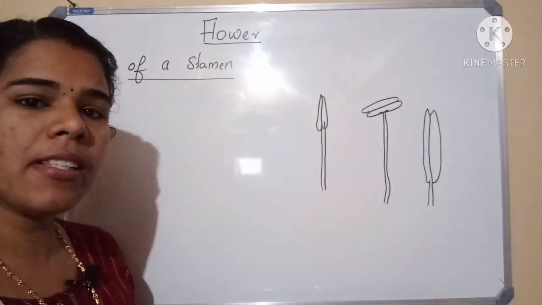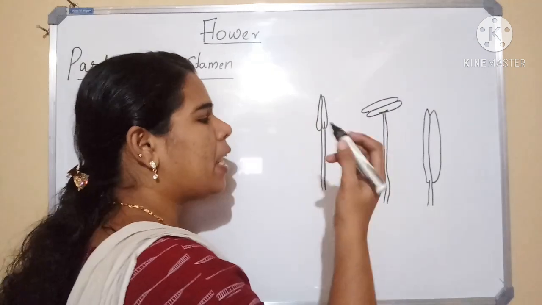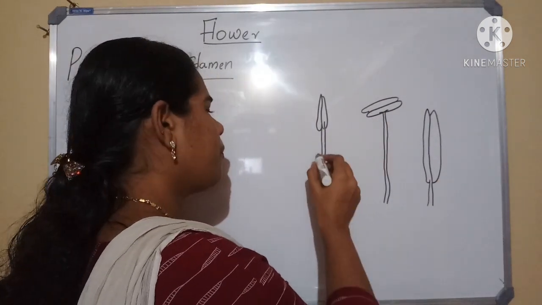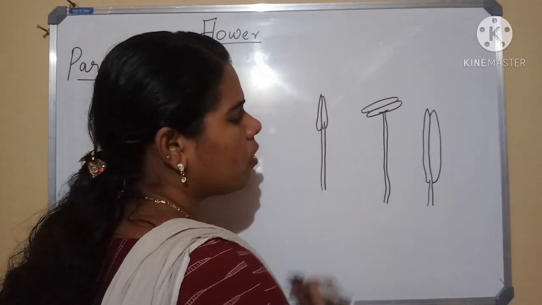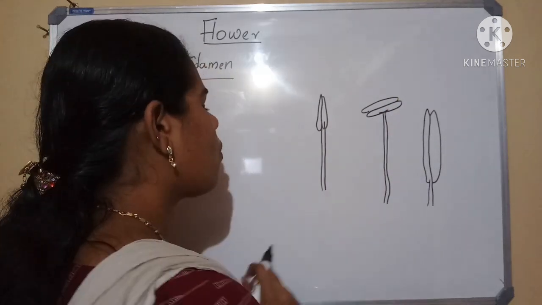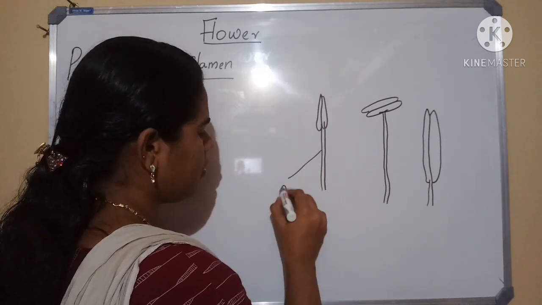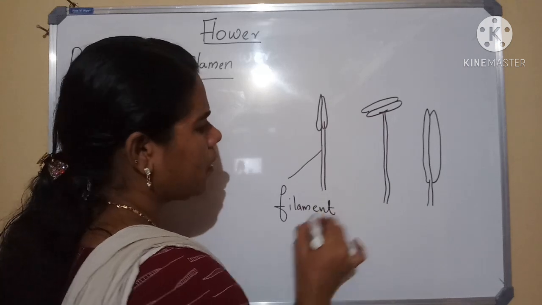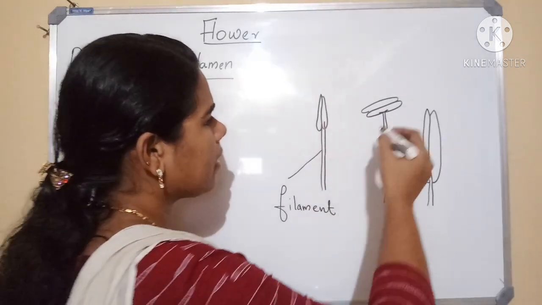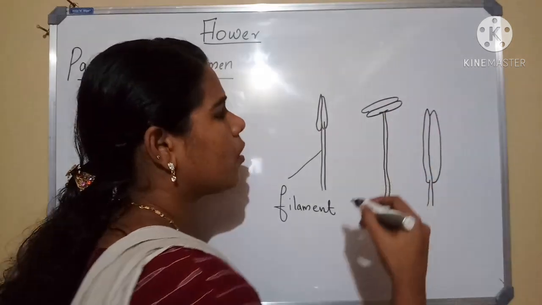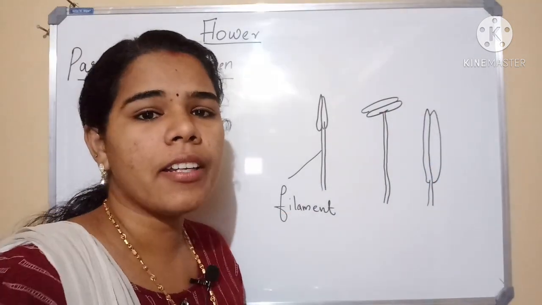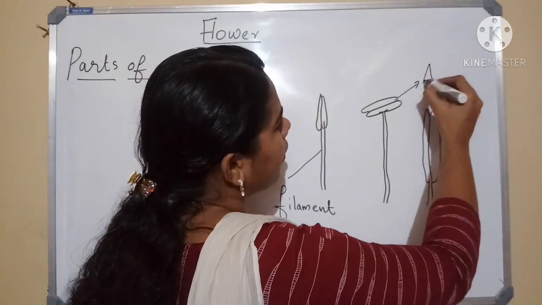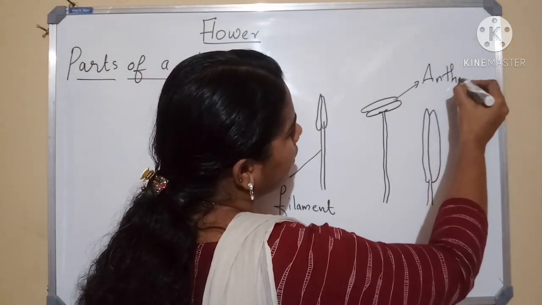Stamens have two main parts. The first one is this long part, sometimes it may be small. This part is called the filament. And this uppermost yellowish part is called the anther.